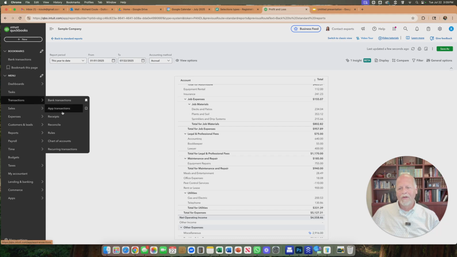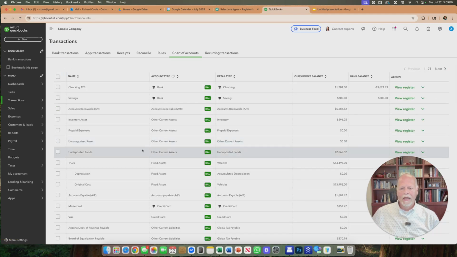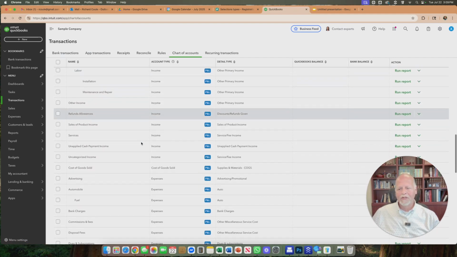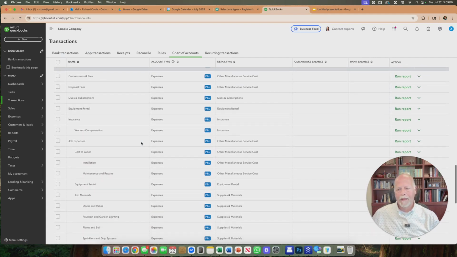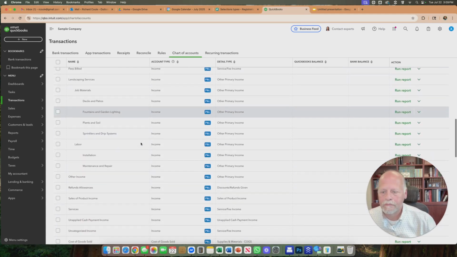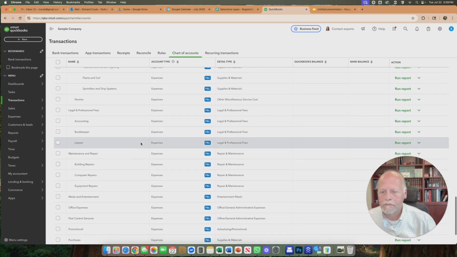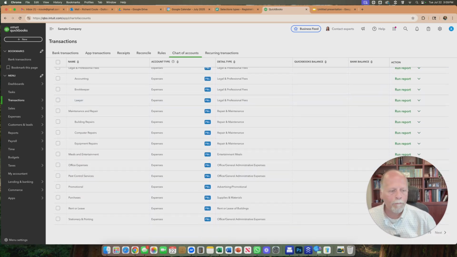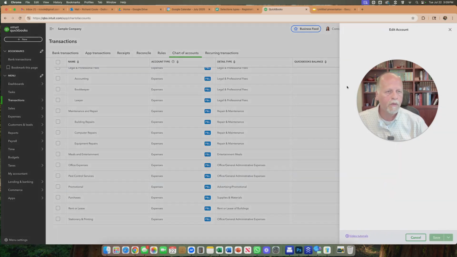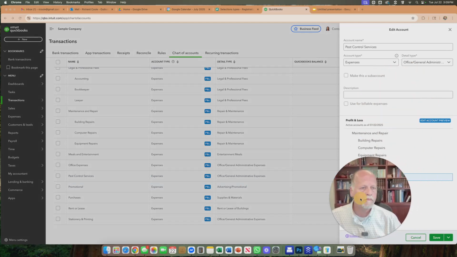If I go back over here to my chart of accounts and I go to pest control and I change it back to an income account, let's see if I can find it. Pest control services. And I'm going to change it back to an income account.